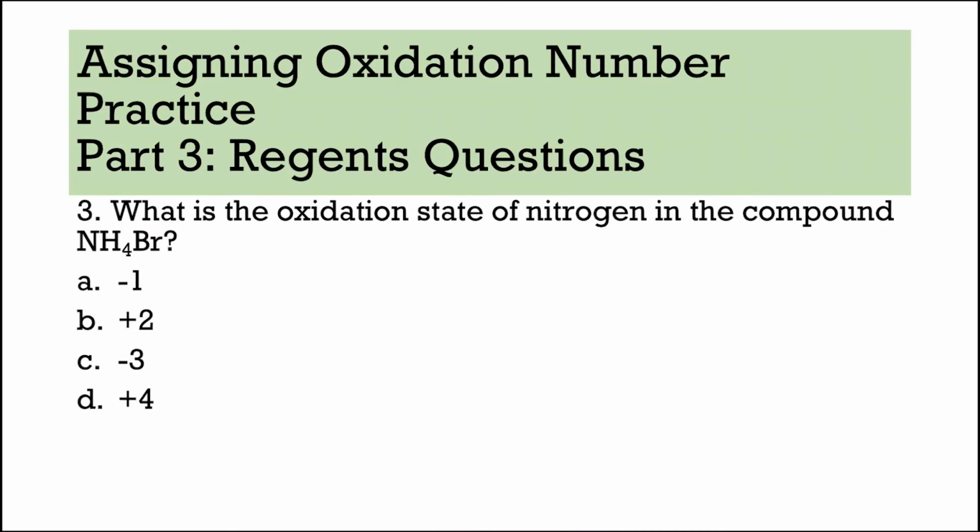Number 3, this is talking about just the oxidation number of N in NH4Br. So let me show you the short way of doing this. We do the oxidation number and the total. It's the chart, but a little bit less organized. So Br is negative 1.